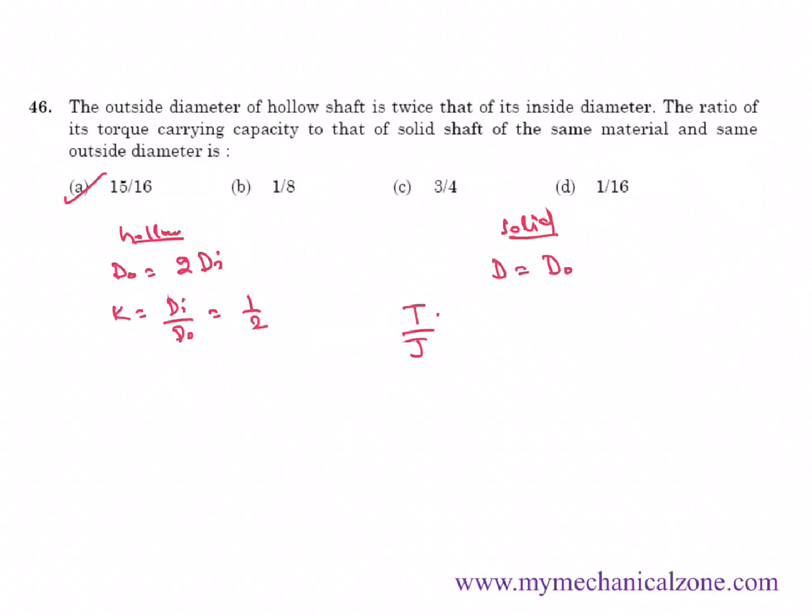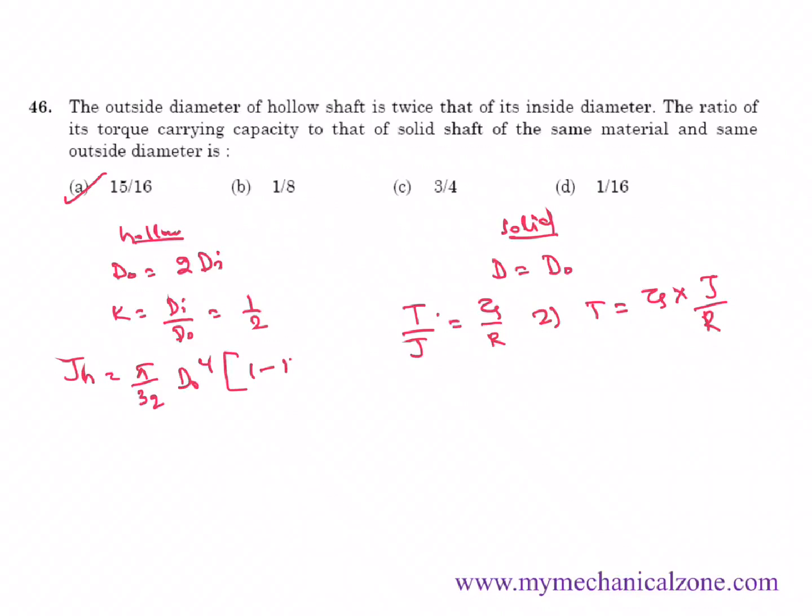T/J equals tau_S/R, so we apply T equals tau_S times J/R. So J in case of hollow is pi/32, DO to the power 4 taken common, times 1 minus K to the power 4.